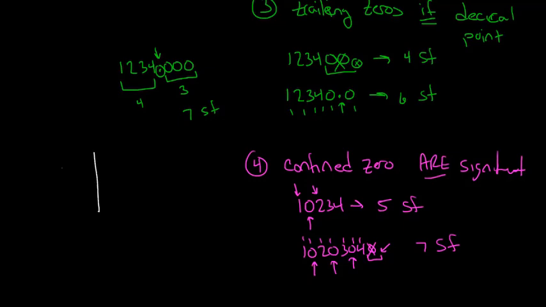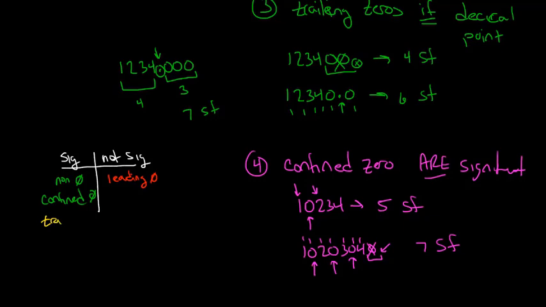So in summary, here I have significant and not significant. Numbers that are always significant are non-zeros. So something that's not a 0 is significant. A confined 0 is always significant. Leading zeros are never significant, and trailing zeros can be significant.